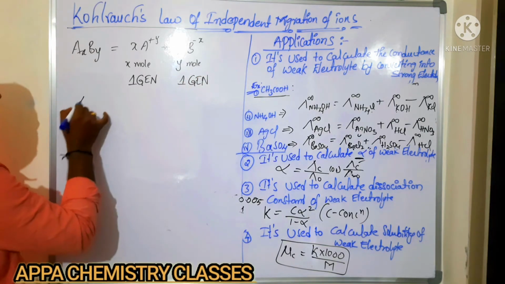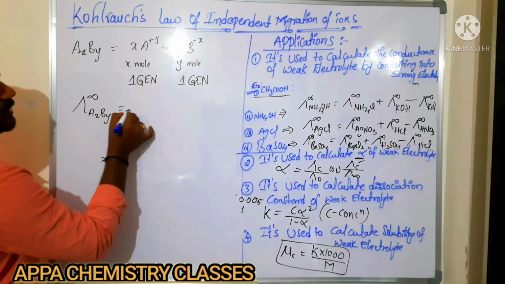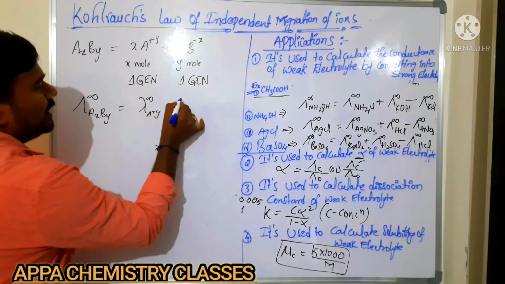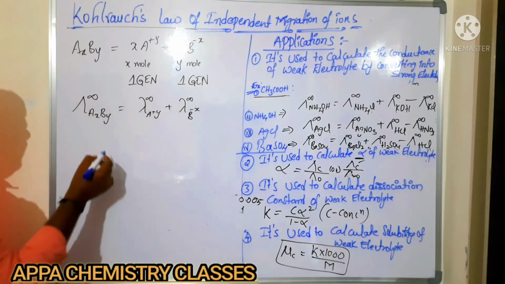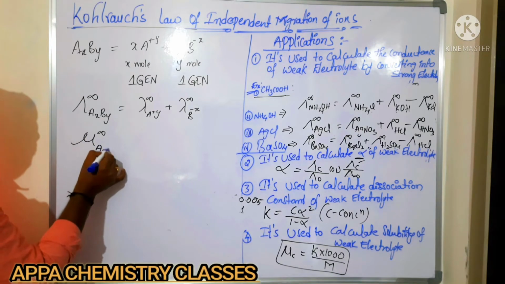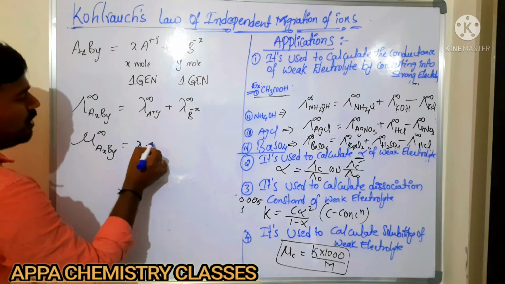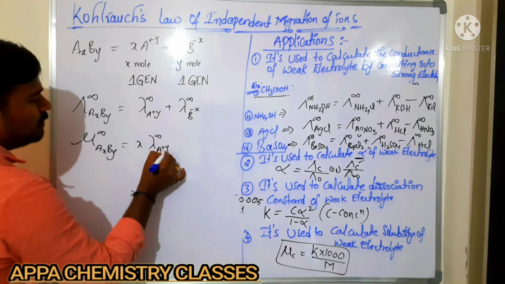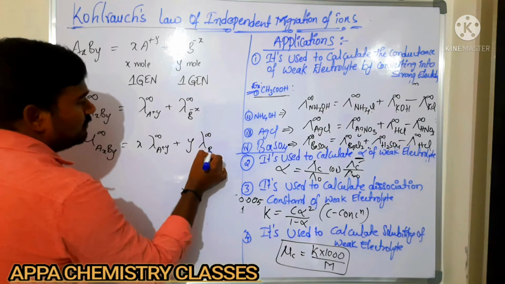So for this, equivalent conductance at infinite dilution is the sum of the ionic conductance, that is, cation conductance plus anion conductance at infinite dilution. Whereas if you are writing molar conductance at infinite dilution, we have to represent the number of moles of ions, that is, X moles of conductance of cation A plus, Y moles of conductance of anion B minus.